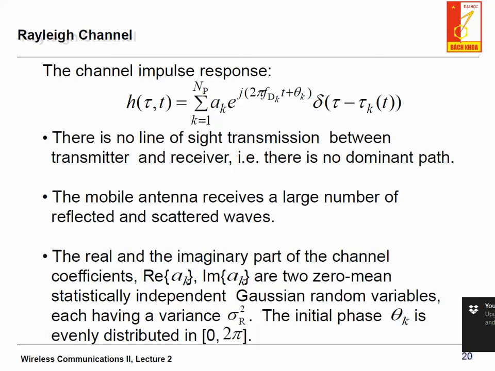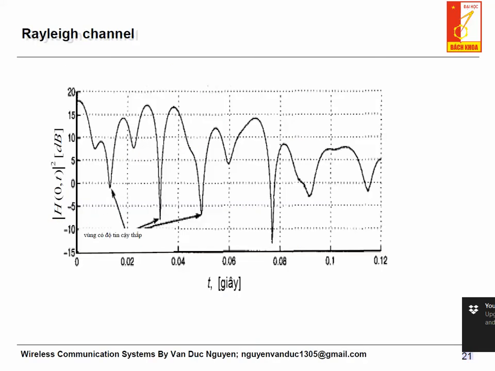I will show you how it looks. This is the runtime plot of the channel amplitude. I have given you software so that you can put it on the desktop and run it.